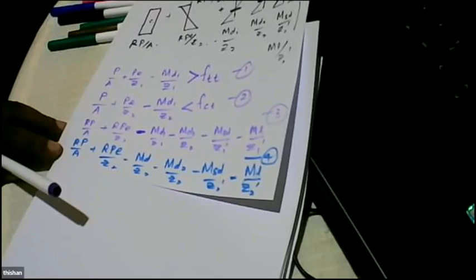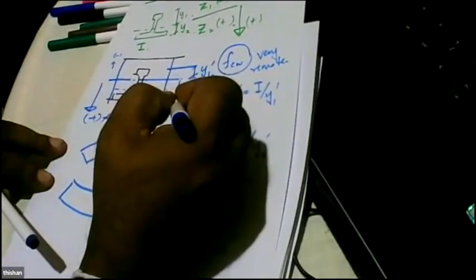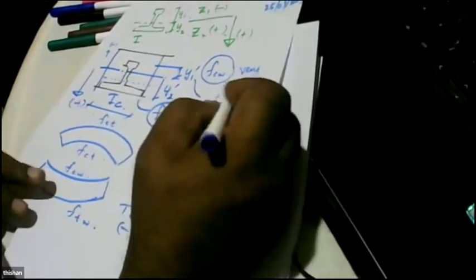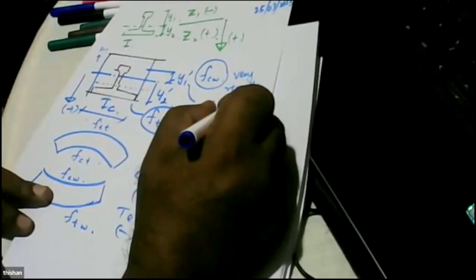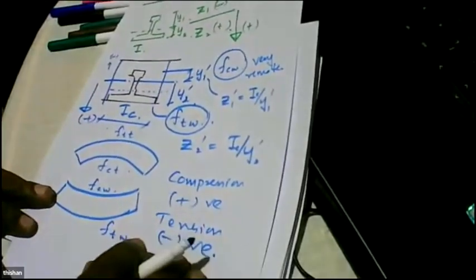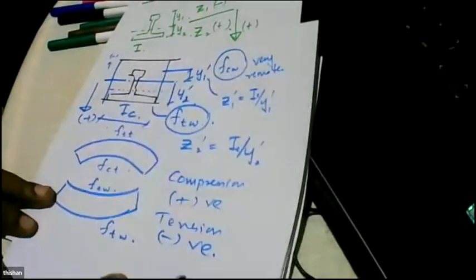Right. So you get a big I composite value. And so I have to make a small correction here. This Z1 dash and Z2 dash is I composite over this distance. And I composite divided by Y2 dash, I composite divided by Y1 dash.